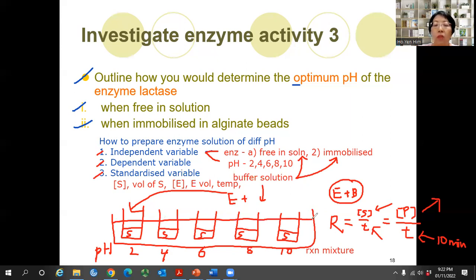For example, if the optimum temperature is 37 degrees Celsius, you run this experiment at 37 degrees Celsius, because then the rate of reaction is faster.